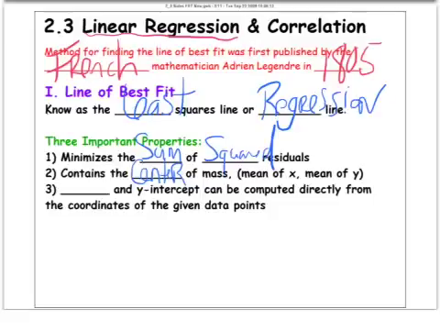That ordered pair is the center of mass. You can think of it in terms of a teeter-totter. It's like the center point that allows a thing to be level. And then the third important property is that the slope and the y-intercept can be computed directly from the coordinates of the given data points.